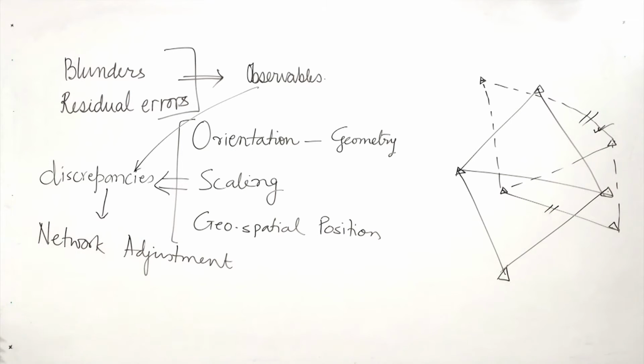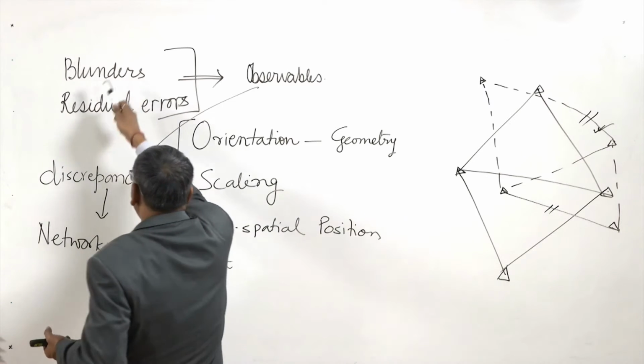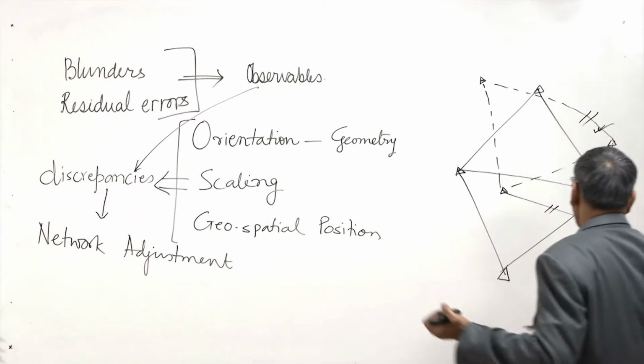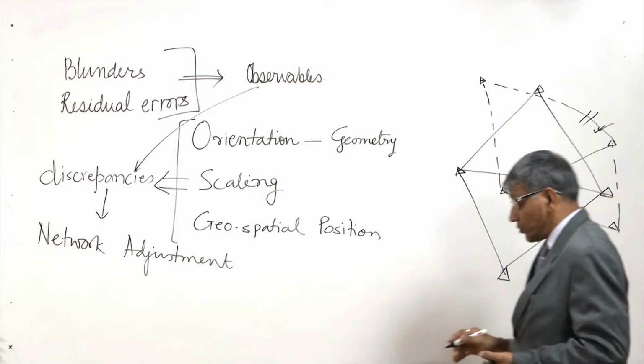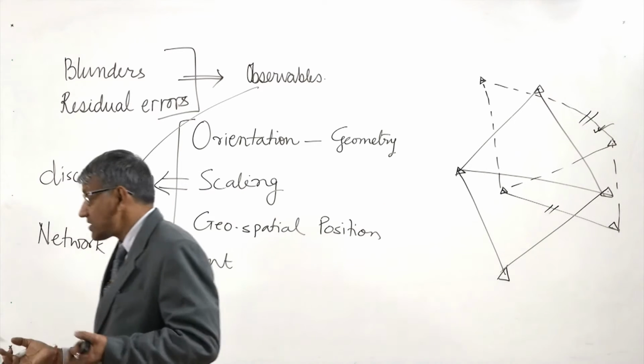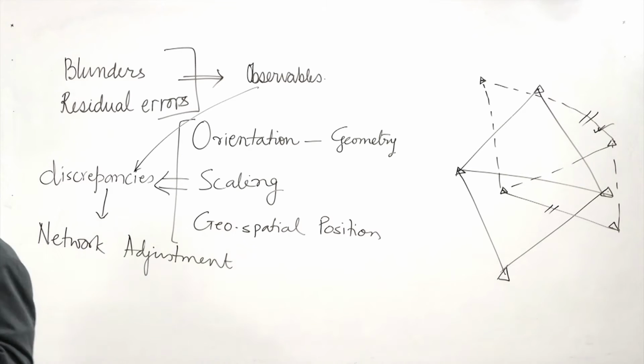Due to the presence of blunders and residuals, sometimes the network which we get through processing may not close, that is called misclosure.